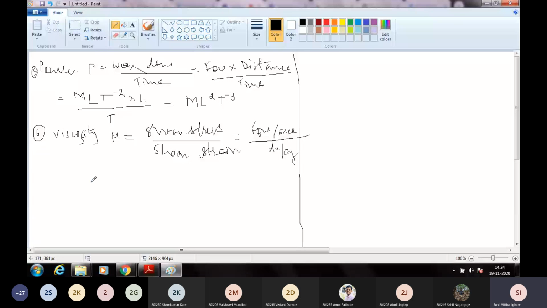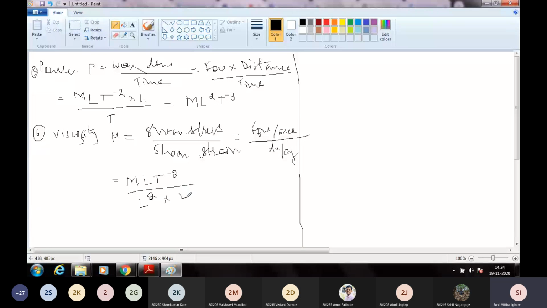So the value of force, we know that it's actually M L T minus 2, that is the force, divided by area. Area means L square, we know that, multiplied by shear strain. Shear strain is what? Du by dy. Okay, so u is what? That is the velocity. So how to write velocity?